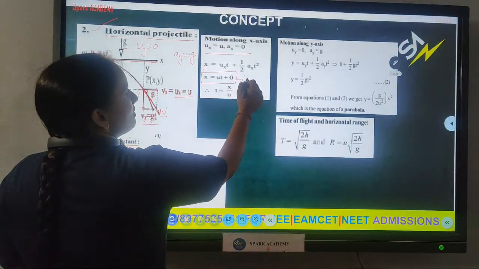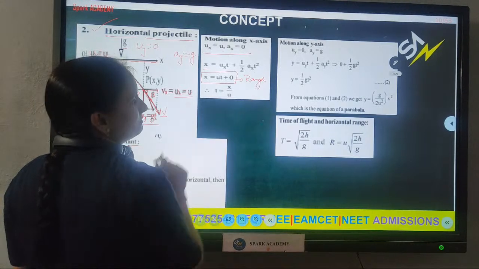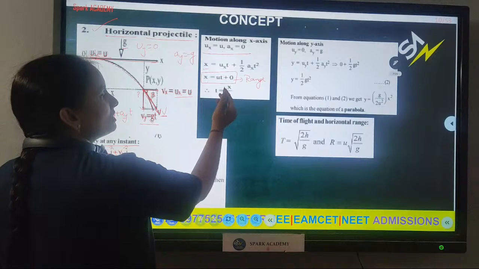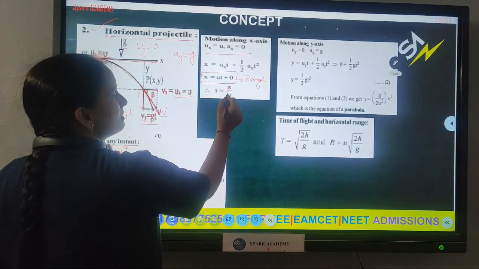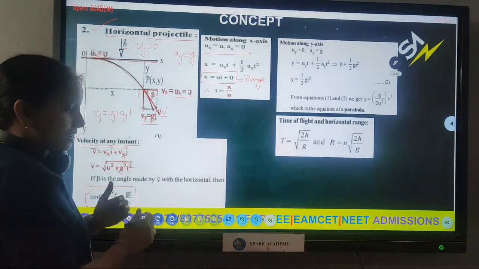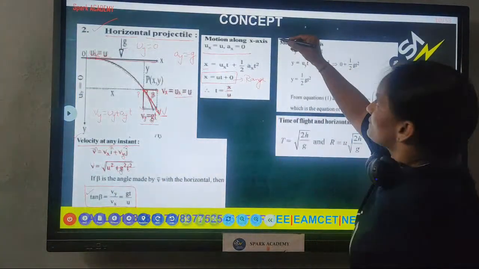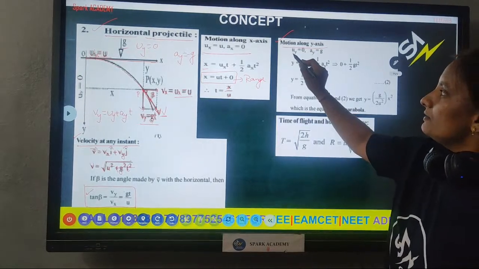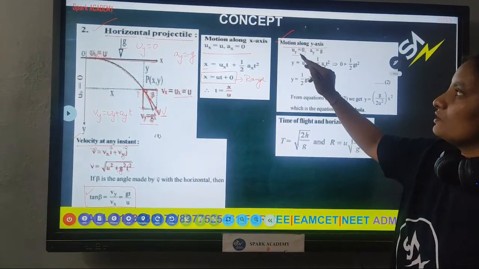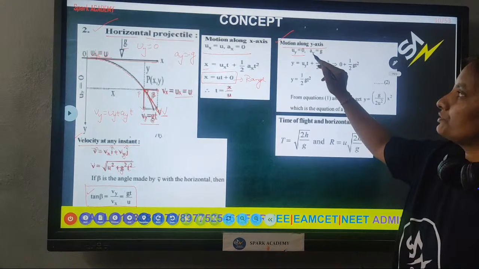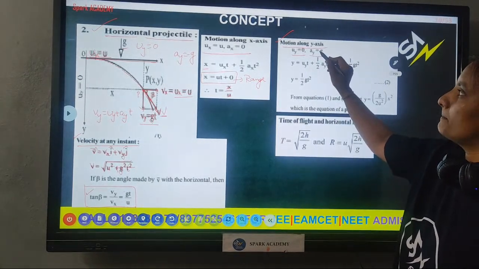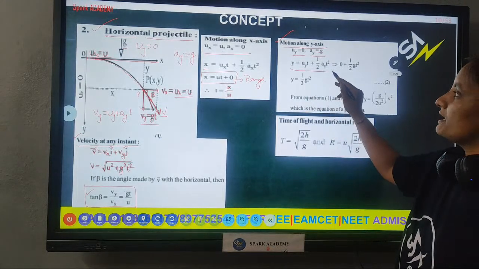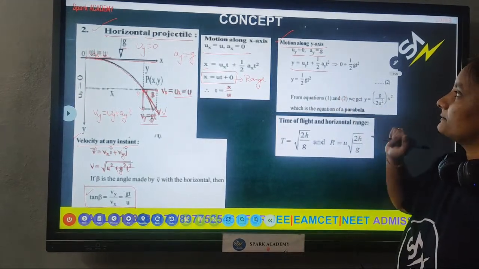This is nothing but the range of the horizontal projectile. And the time taken will be equal to the horizontal distance by u. Now, similarly we need to describe the motion along the y-axis. There is no initial velocity vertically, uy is 0, ay is equal to minus g. Then we can write using the equation uy into t plus half ay into t square.